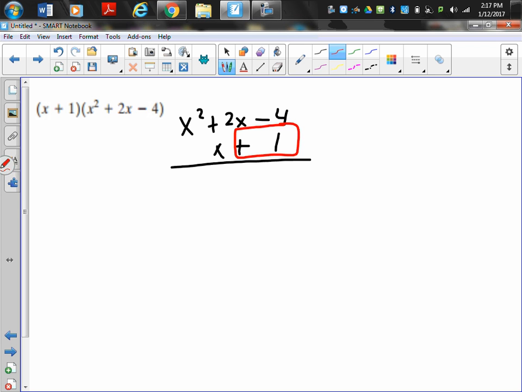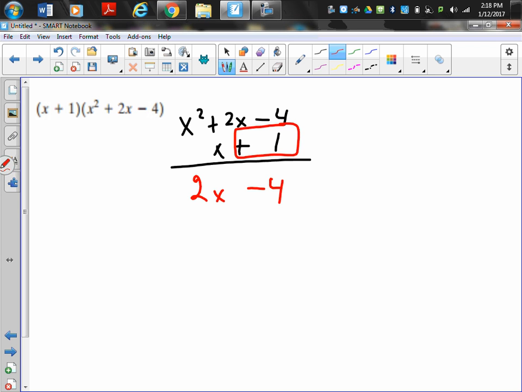So we start off with our positive 1. Positive 1 times negative 4. Negative 4. Positive 1 times 2x. Positive 1 times x squared.